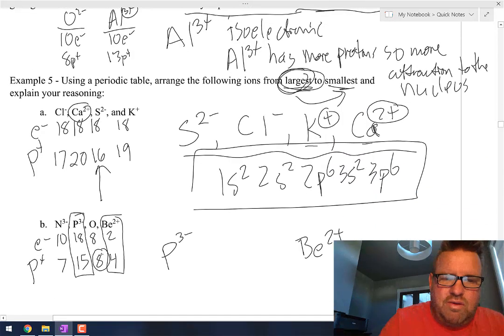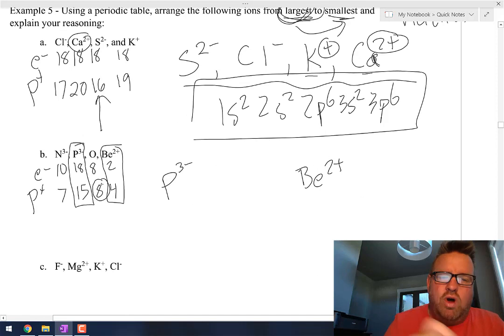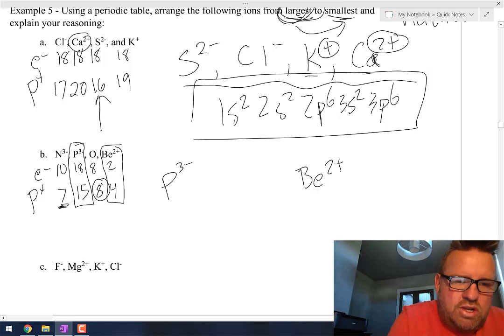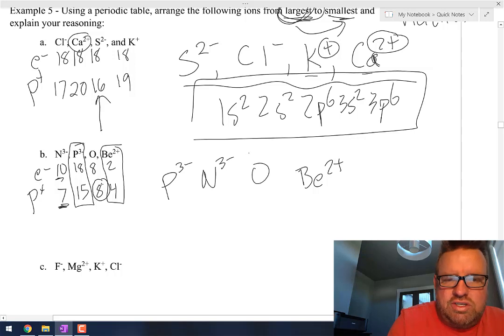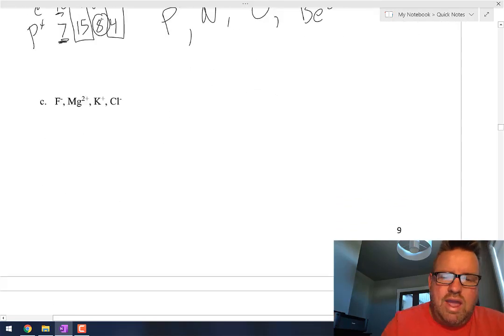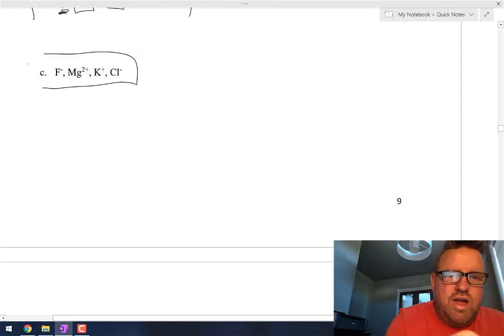Oxygen has 1 more proton, but it only has 8 electrons, where nitrogen has to attract 10. So nitrogen has a weaker attractive force and more electrons to attract. That's going to make nitrogen significantly larger than oxygen. So that would be the correct order: phosphorus, nitrogen, oxygen, beryllium. I'm going to leave this last one for you to try.